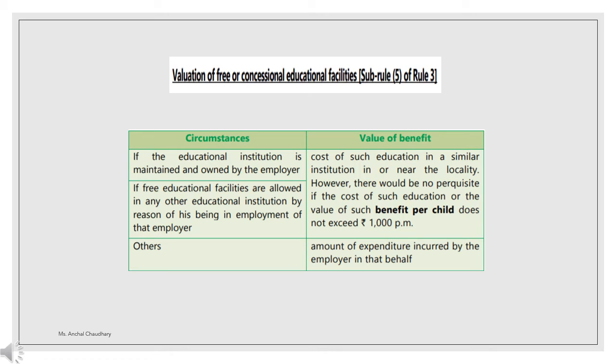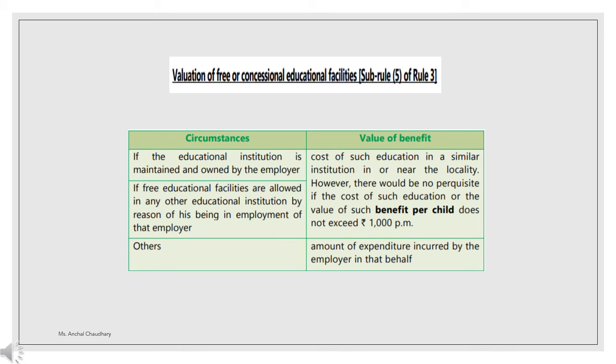Next is valuation of free or concessional education facilities. If the education institute is maintained and owned by the employer, or if free education facilities are allowed in any other educational institution by reason of his being in the employment of that employer, the value of benefit will be the cost of such education in a similar institution in or near the locality.